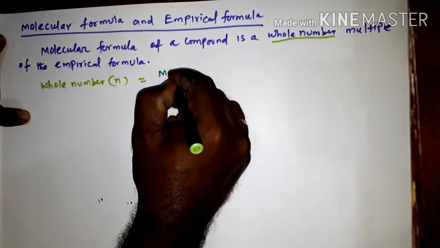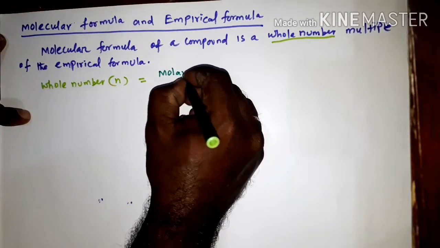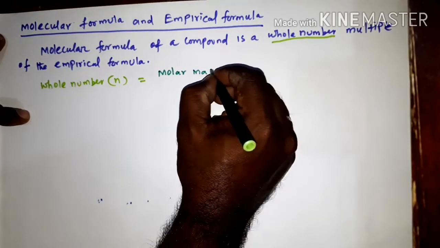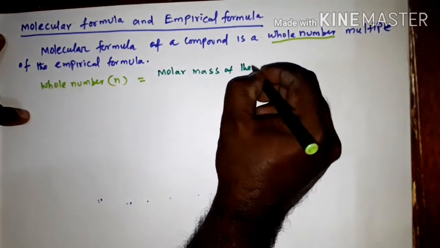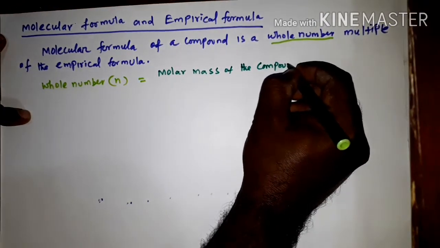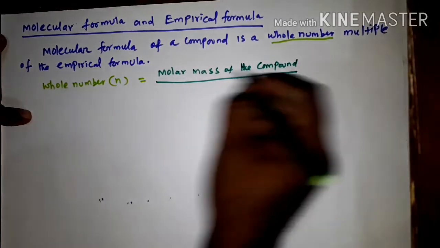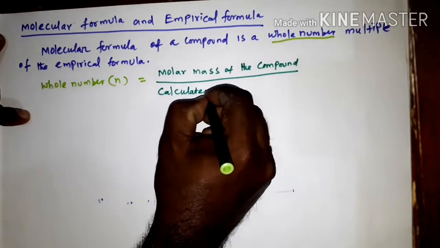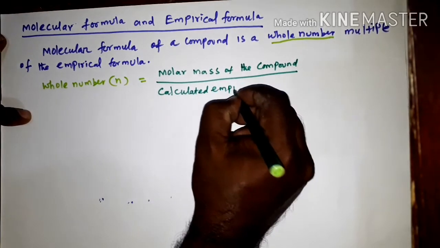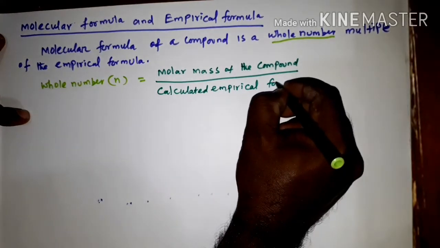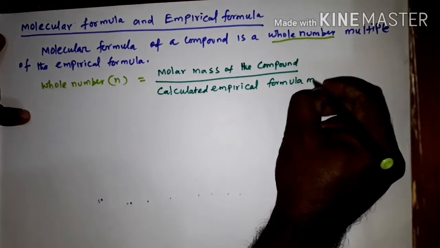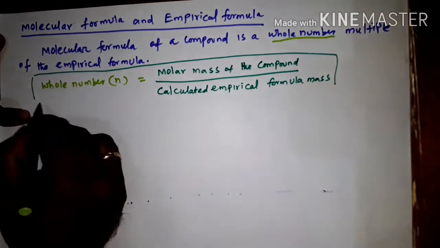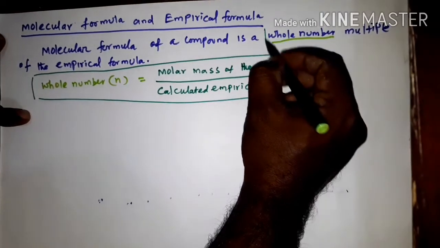This molar mass will be given in the question. Molar mass is the experimental value. From the experiment we can get the molar mass of the compound, divided by the calculated empirical formula mass. This is the formula to calculate the whole number.